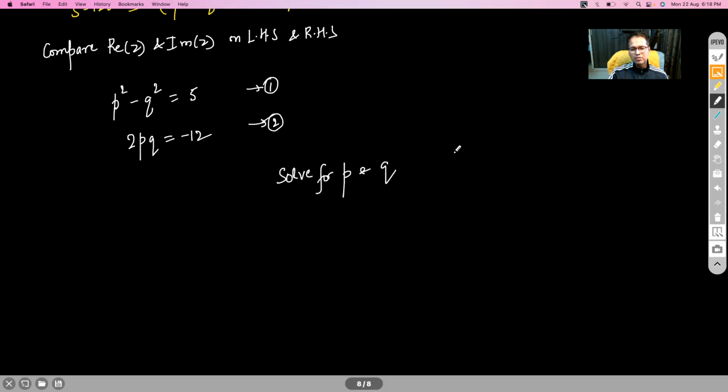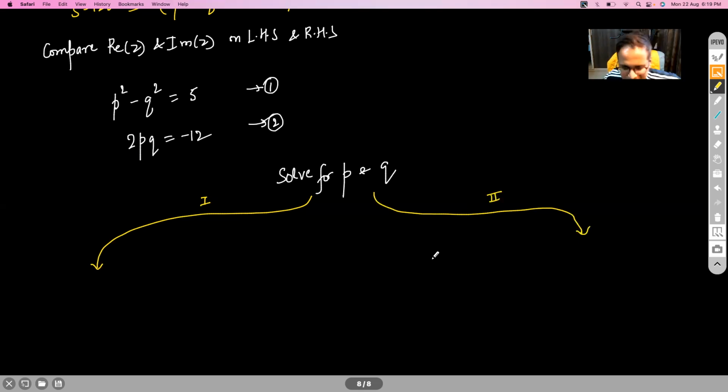Now, for solving for p and q, there are two approaches. Approach 1 and there's an approach 2 also. Let me take one approach at a time. First approach: many people write, so I'll just write down the expression once again.